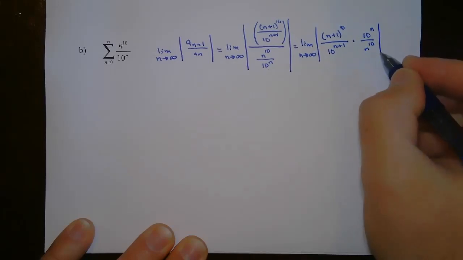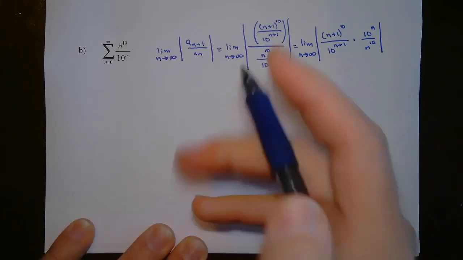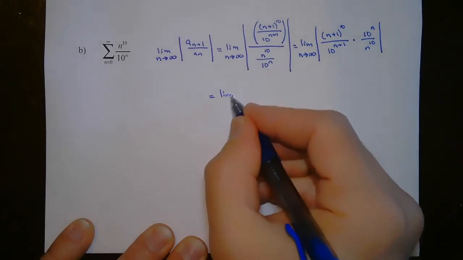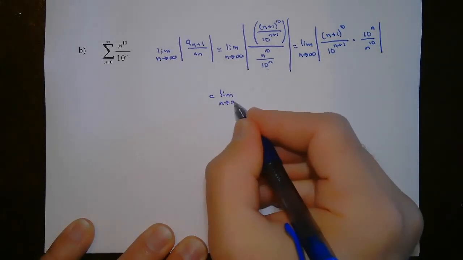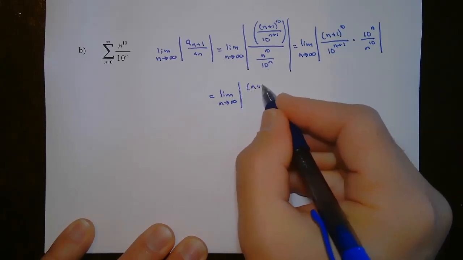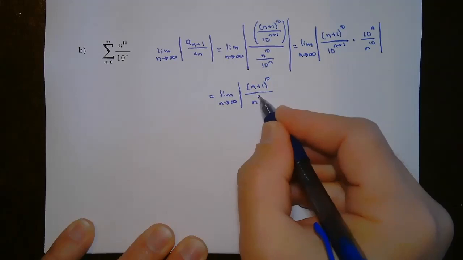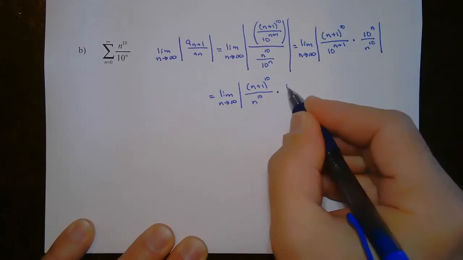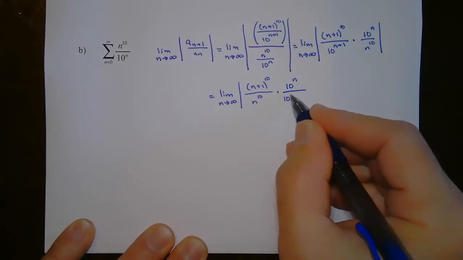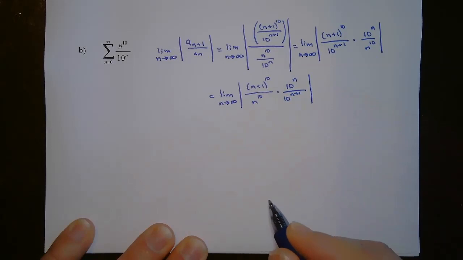All right, rearranging this so we get like bases together, this would be equivalent to the limit as n goes to infinity of the absolute value of n plus 1 to the 10th power over n to the 10th times 10 to the nth over 10 to the n plus 1 power. Close the absolute value.